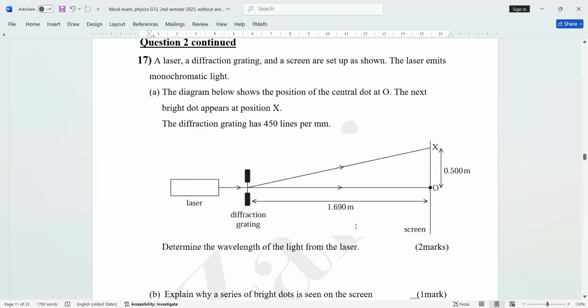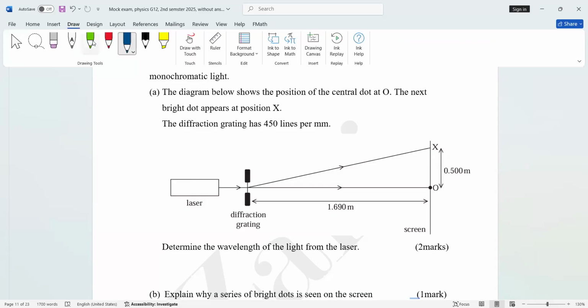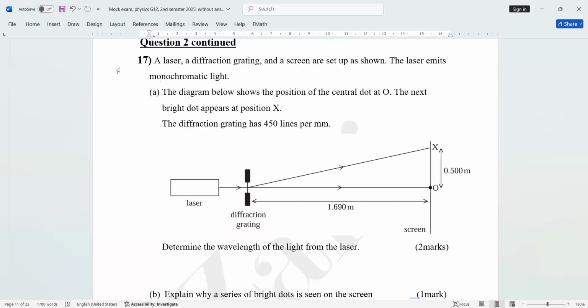Okay. Now, let us read the question together. Laser diffraction grating: a laser, a diffraction grating and a screen are set up as shown. The laser emits monochromatic light. Monochromatic means it has one color or one wavelength.